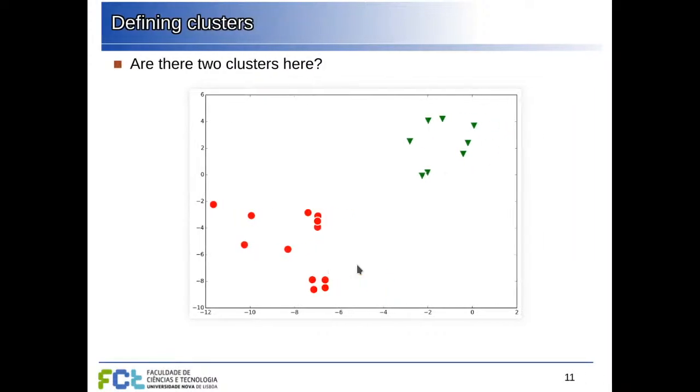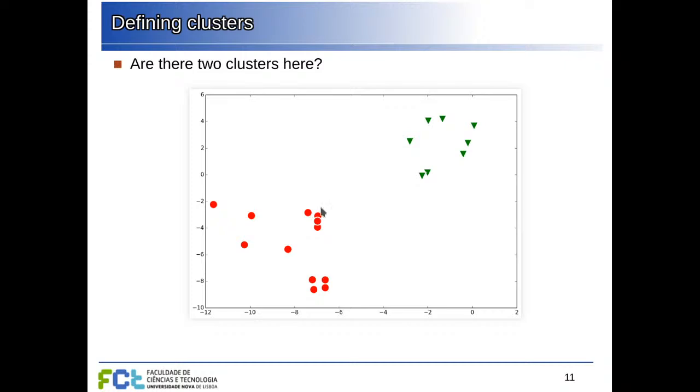But in general, regardless of why we want to cluster, there is also the question of how we are going to cluster them. How do we decide how to group the examples? For example, take this distribution of points. We could say that there are two clusters here.